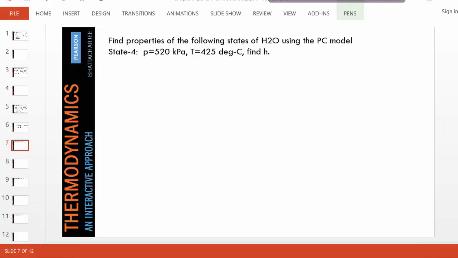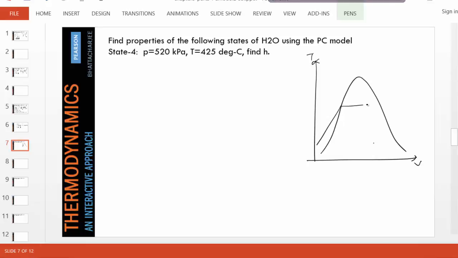This time, pressure and temperature are supplied. Again, our standard process will be to draw the TS diagram even before we start thinking. This is the 520 kPa line, so state 4 will be somewhere along this line.